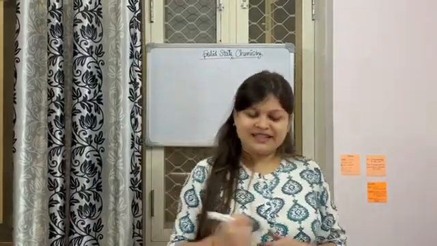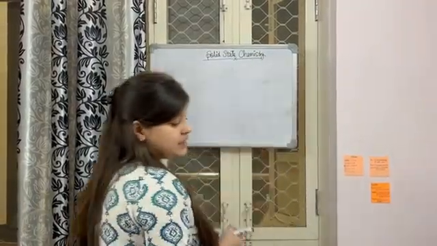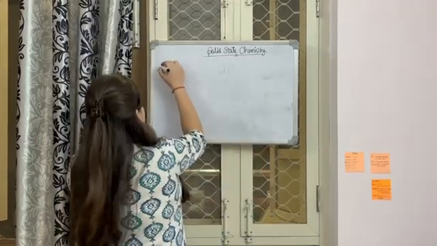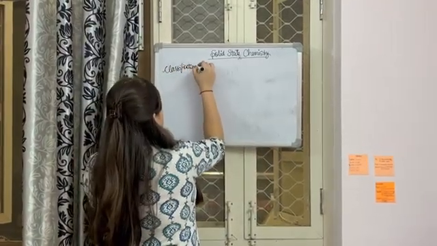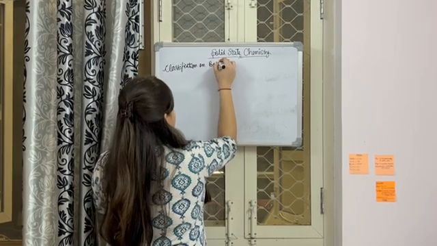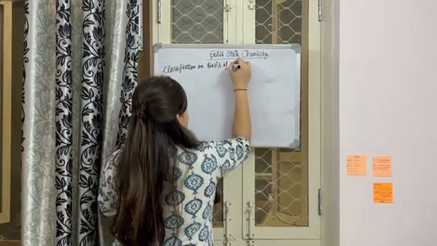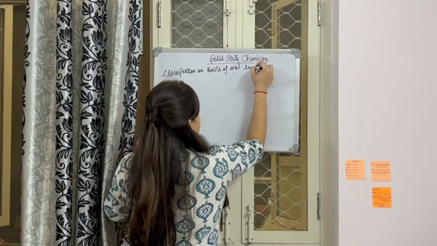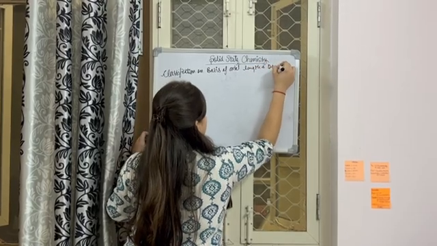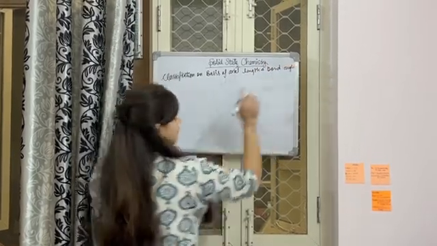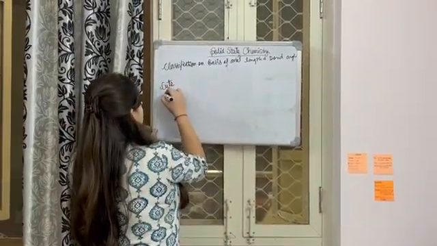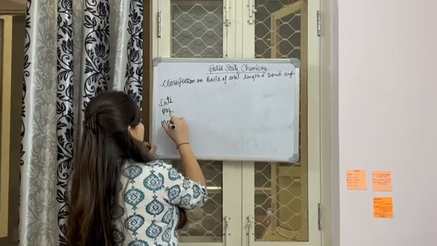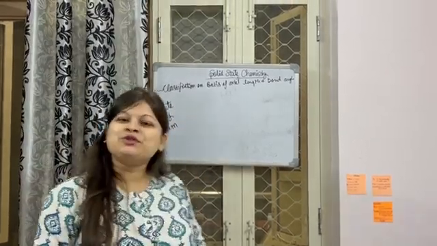So, let's continue. Classification on the basis of axial length and bond angle. First of all, you have to learn a mnemonic, that is 'cute my ma'am', right? Okay, 'cute my ma'am'.